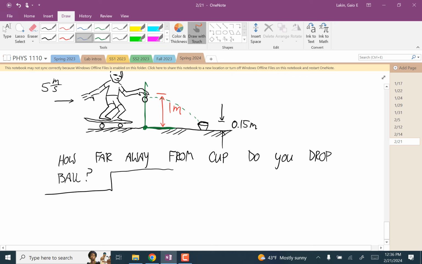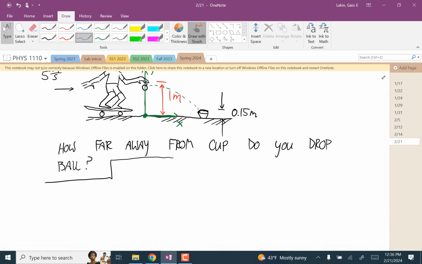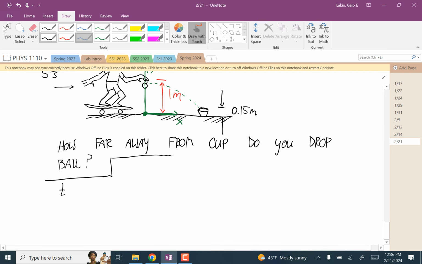So my coordinate system is like this, and my X is horizontal and my Y is up. And then what's going to be our time equals 0 instant? Yeah, that's the instant it's released. And what's going to be the time final instant? Yeah, and so let's call that when it reaches a height of 0.15 meters. Okay.